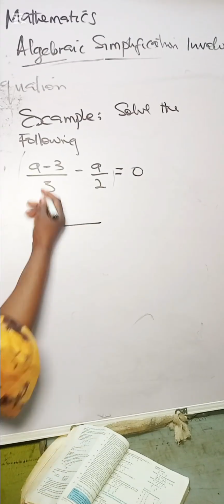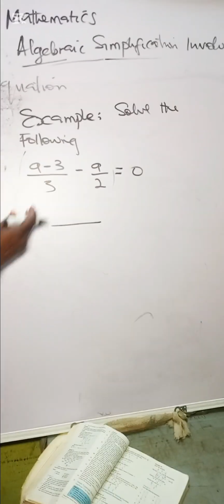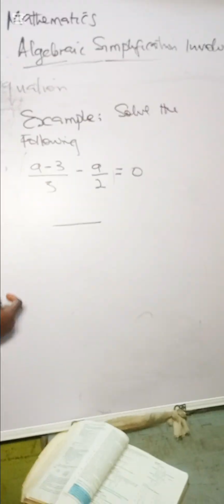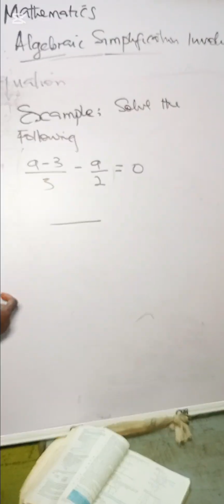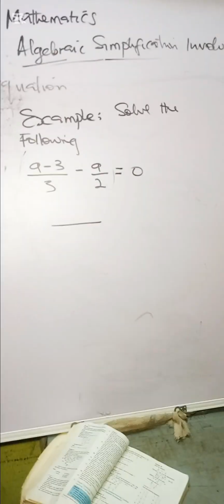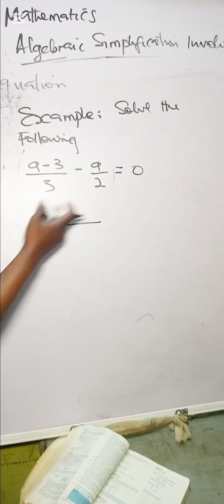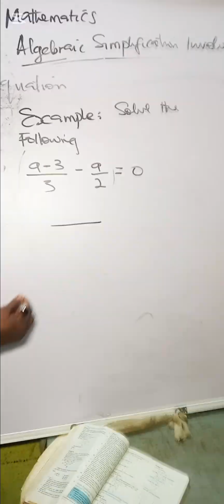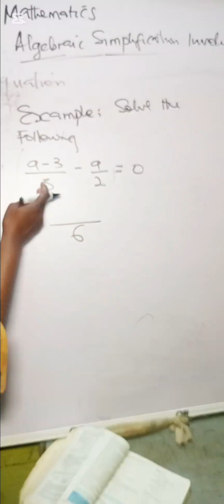Now I'm starting with using the LCM. LCM between 2 and 3 is what? It cannot be 2. LCM between 2 and 3, there's no common factor. So it's now 6. 3 times 2 is 6. If you use the prime factor method, it's 6.